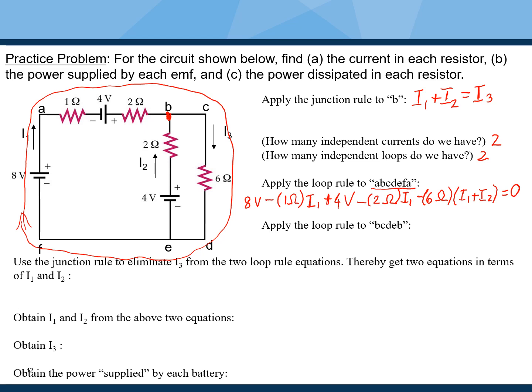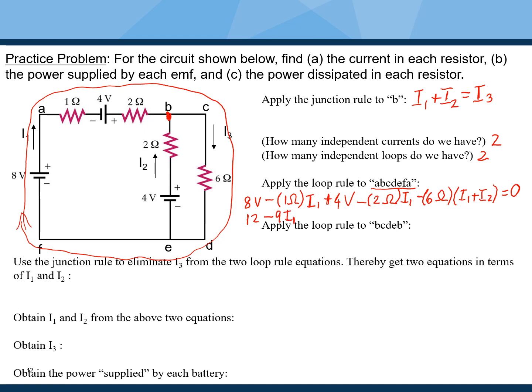So we come up with the realization that we have 8 volts plus 4 volts, which is actually 12 volts. Okay? We have minus 1 I1, minus 2 I1, and then minus 6 I1. So minus 1, minus 2, which is minus 3, minus 6 gives us minus 9 I1. So we have minus 9 I1.